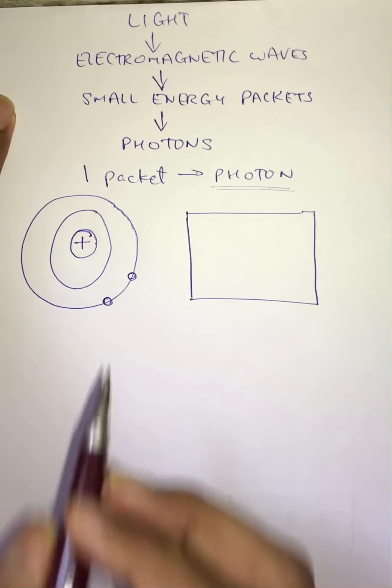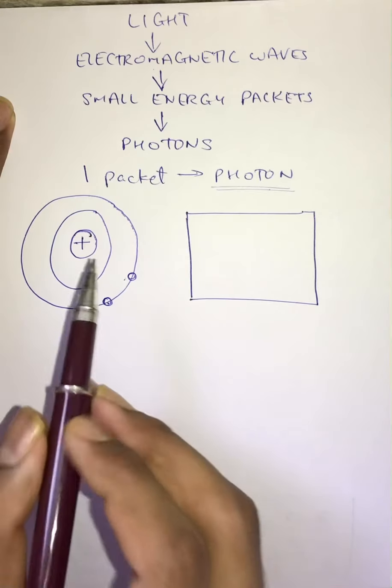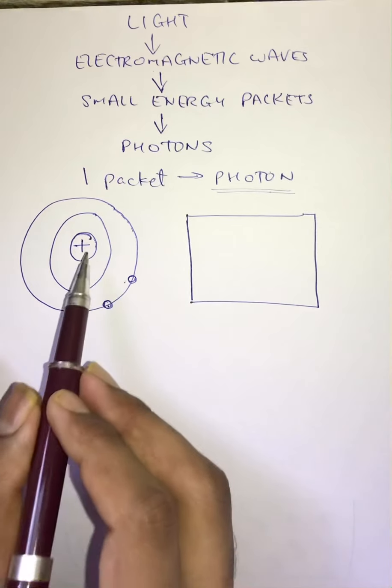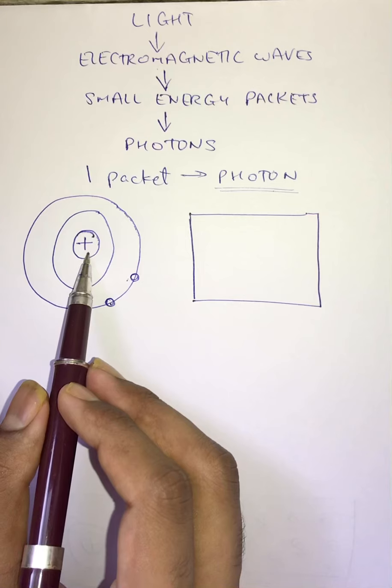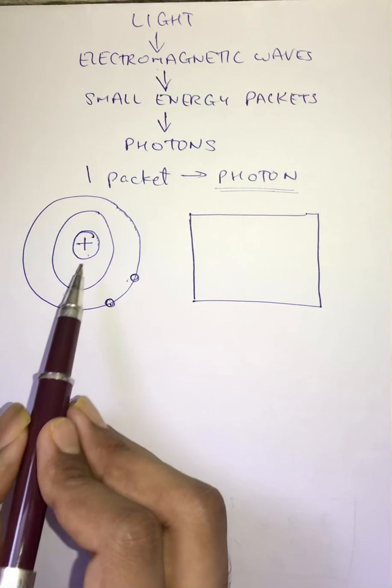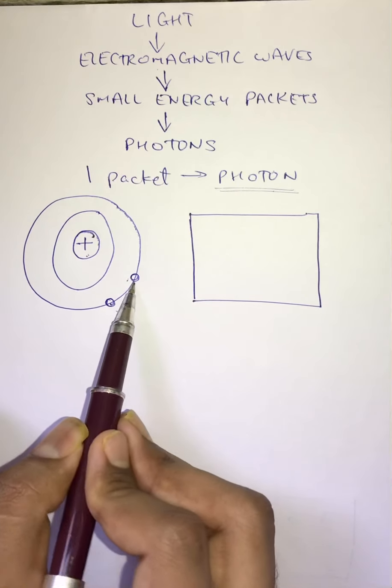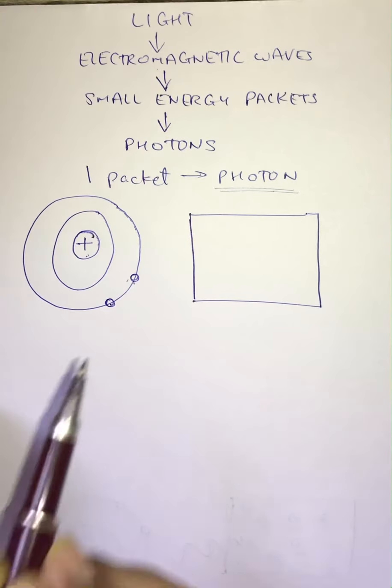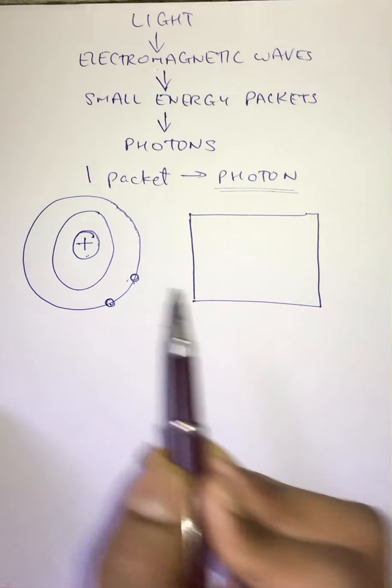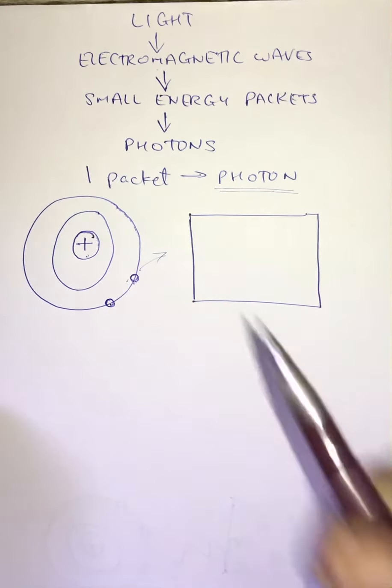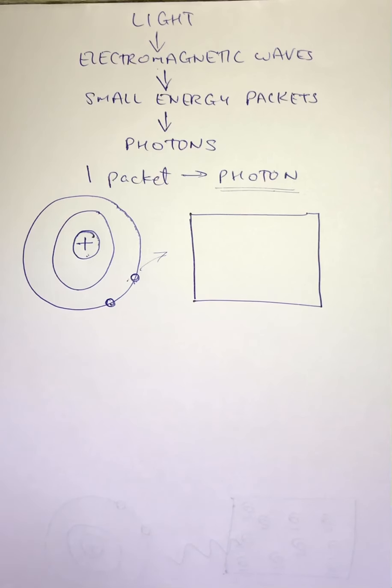These electrons are held by the nucleus. There is a force of attraction between the nucleus and the electron, which is not allowing the electrons to come out of the atom. The nucleus is holding those electrons.